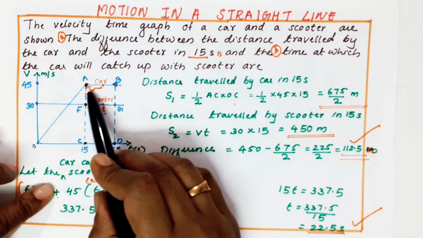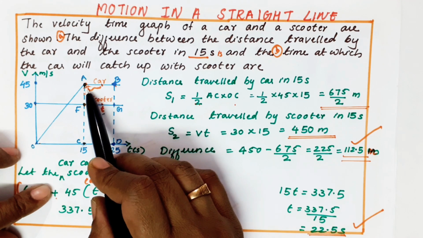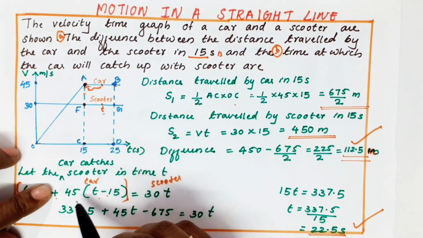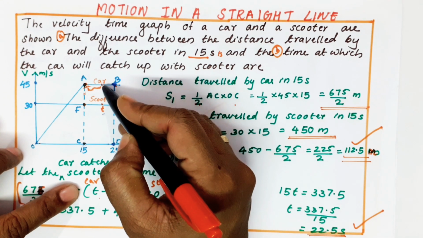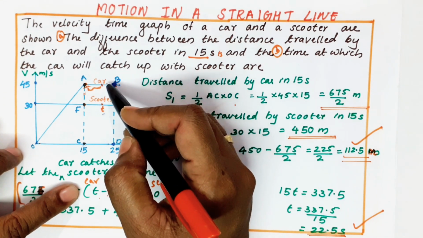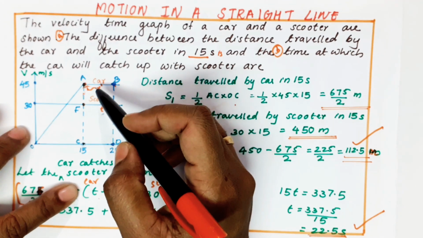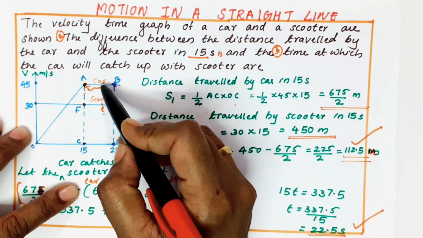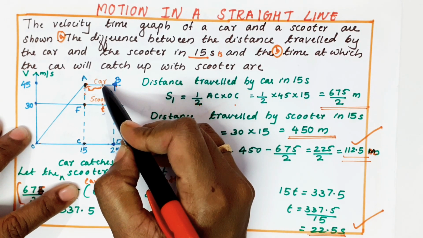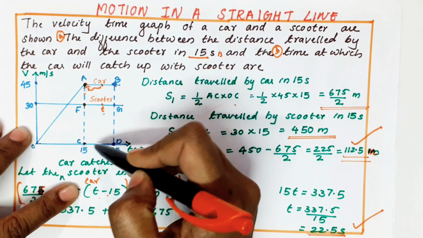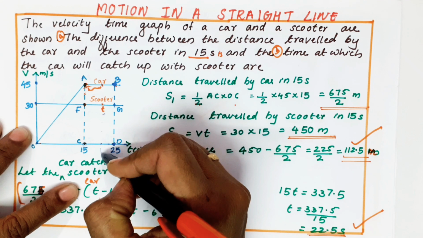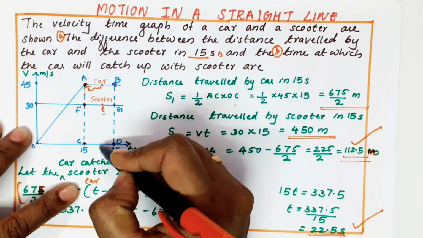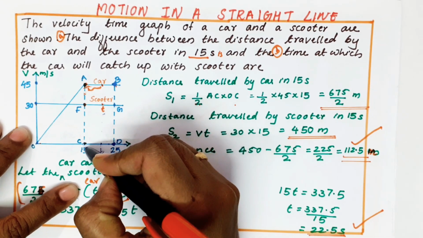Then for this much time it's moving with a constant speed, so its distance is speed into time. Speed is 45. Time, I don't know this time, right? We know that after a particular time we are catching, that time is t. So the time taken from 0 to this is t. So this time is t minus 15.